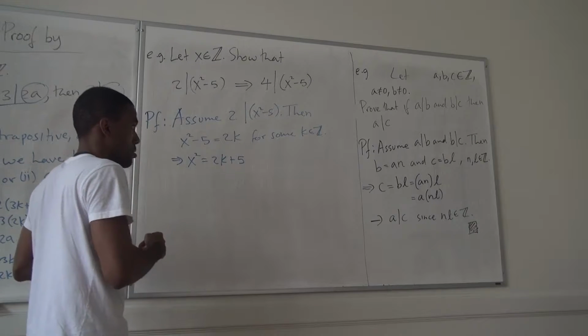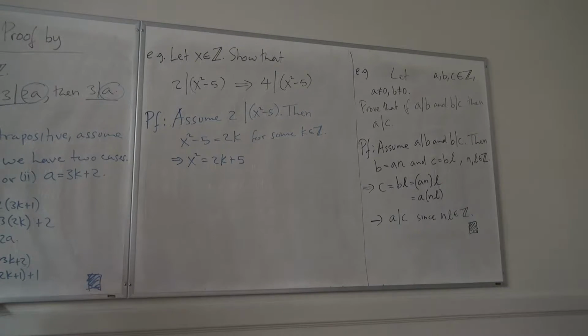What if we use that for a number to be divisible by 2, we need x squared minus 5 to be even, and x squared minus 5 is even if x is odd, and then if we write x equal to n plus 1 and plug it into the formula, we will be able to take out 4.